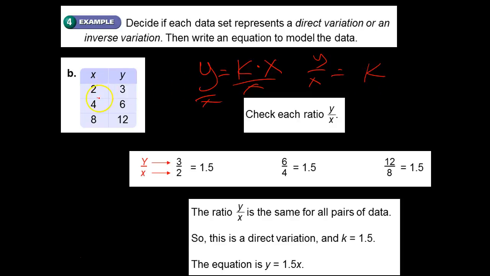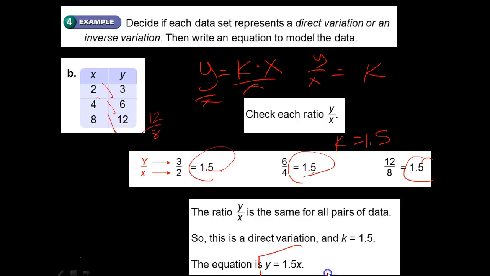So 3 divided by 2, 6 divided by 4, 12 divided by 8. You can see what's happening. You're getting 1.5 every single time. So because these are constant, we know k equals 1.5, and it's a direct variation.